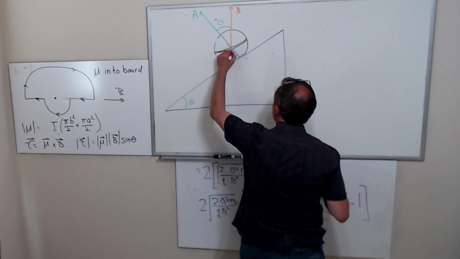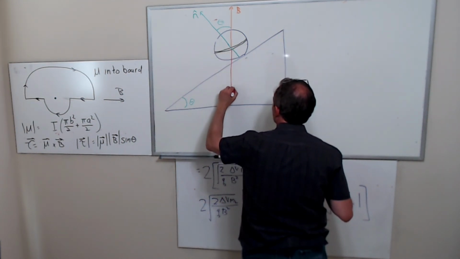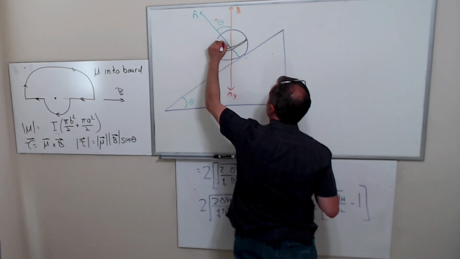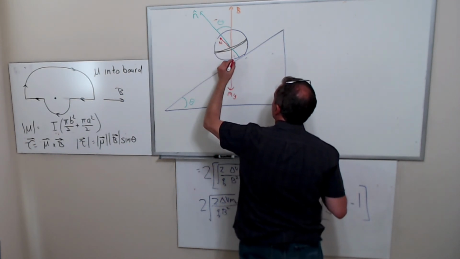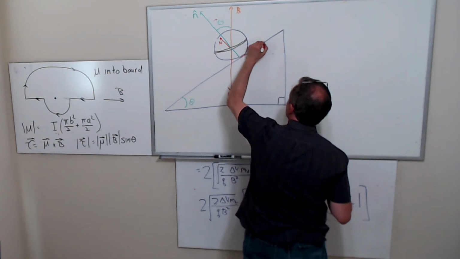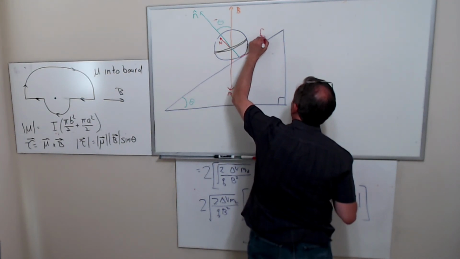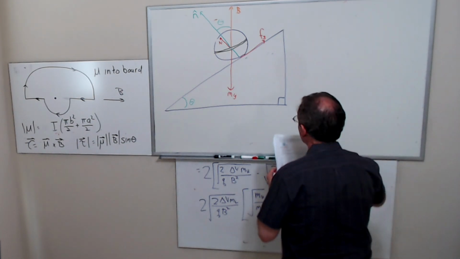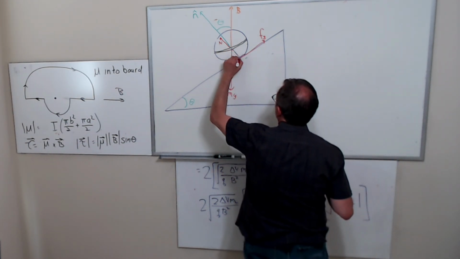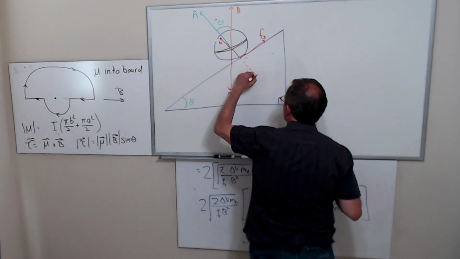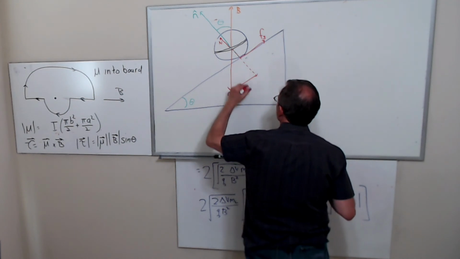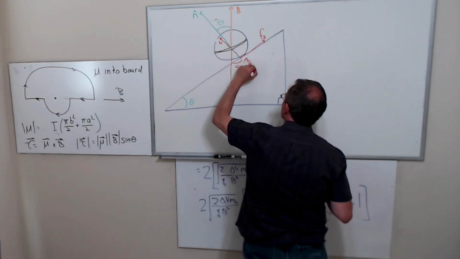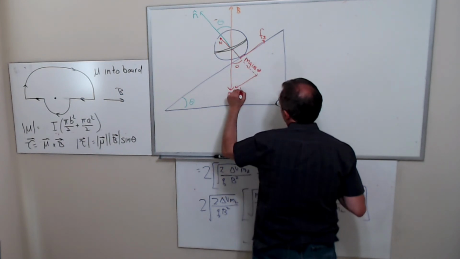I have mg pointing straight down. I do have a normal force. And I do have friction. And mg has two components, one this way and one this way. If this is theta, this is mg cosine theta.